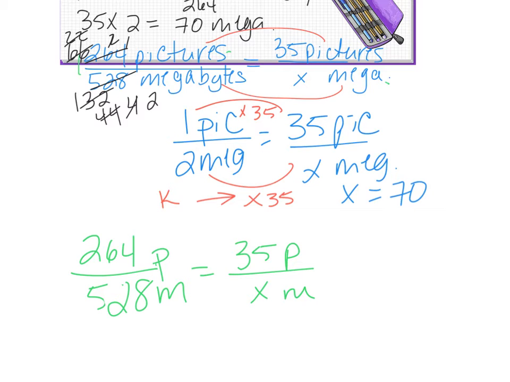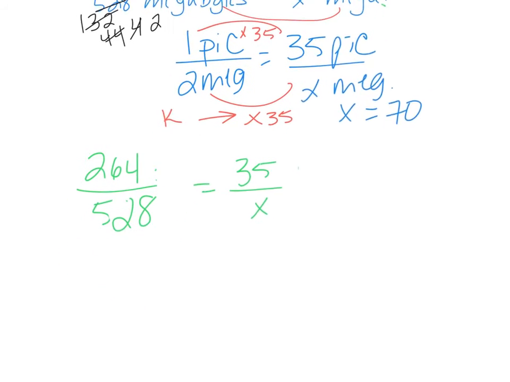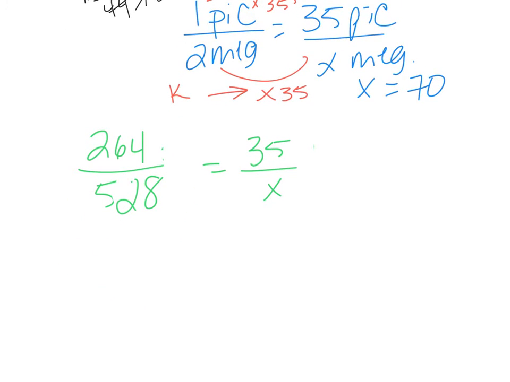Okay, so I'm going to erase these labels so they don't confuse us, because when we find the cross product we're going to end up writing an equation, so I only want one letter, so to speak. So I'm going to find the cross product.